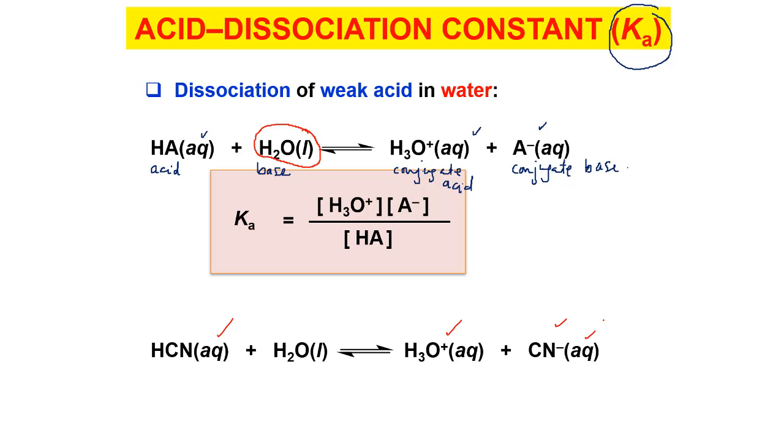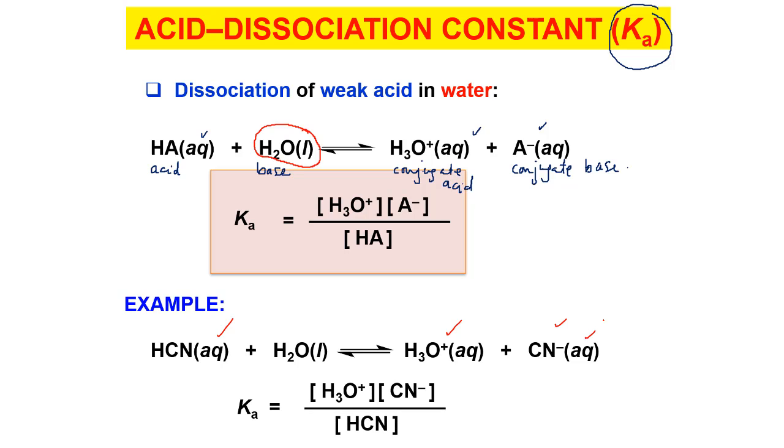Ka equals the concentration of hydronium ion times the concentration of cyanide ion divided by the concentration of hydrocyanic acid. So it has a constant value, meaning every weak acid has its own acid dissociation constant value.